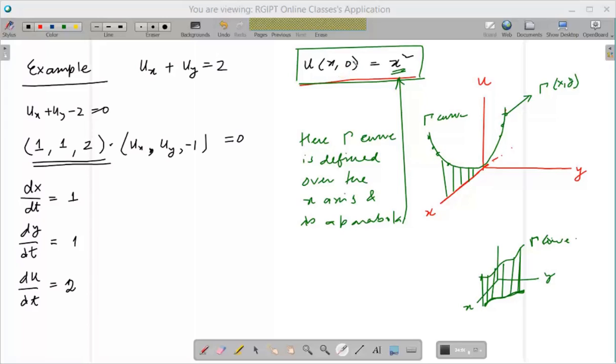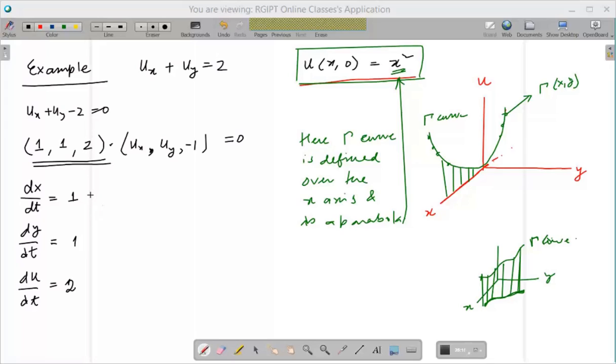I know that at t equal to 0, I am always constrained to the x-axis. That means at t equal to 0, my y coordinate is definitely 0, and the x coordinate can change. And when it changes, my u changes according to this rule. That's all.